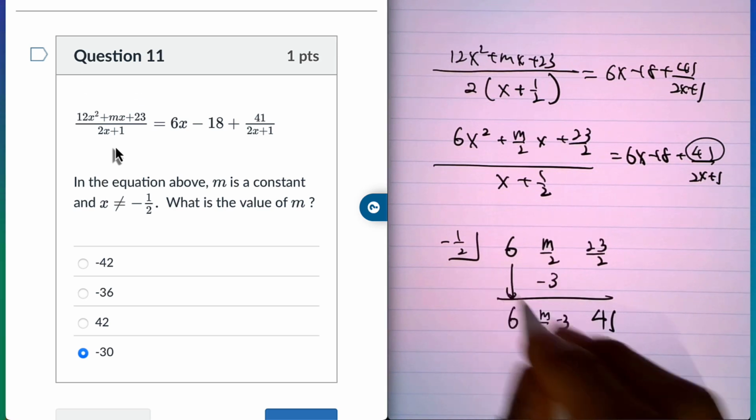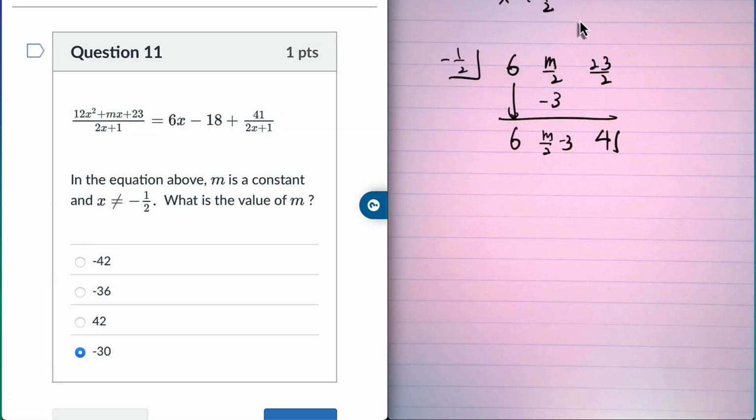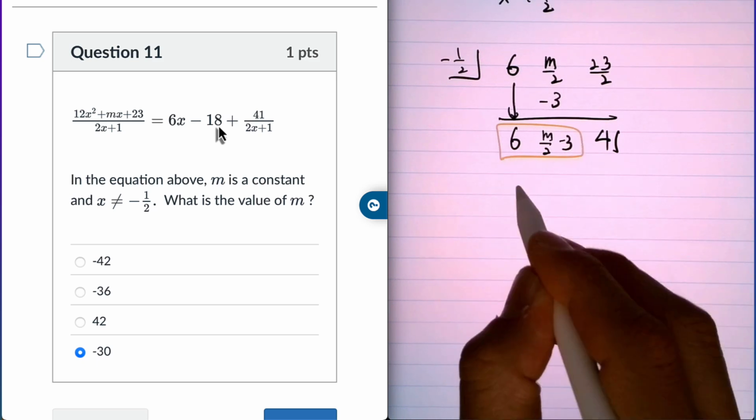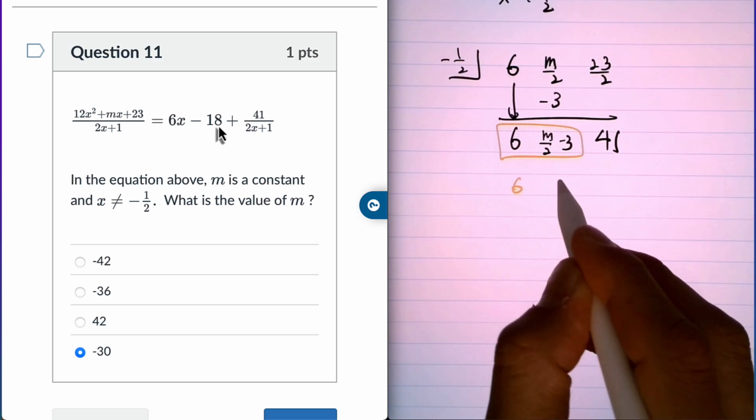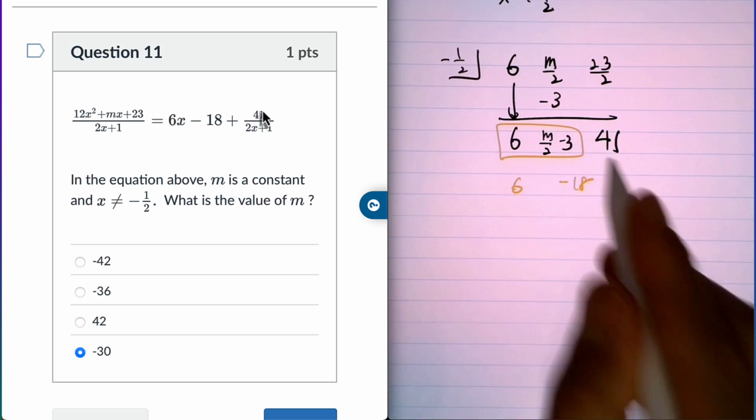Once you get that far, you're going to multiply that. But we don't need to go that far because we already know that the quotient is 6x minus 18. So I can just simply set this equal to 6 and negative 18, and that 41 is the remainder.